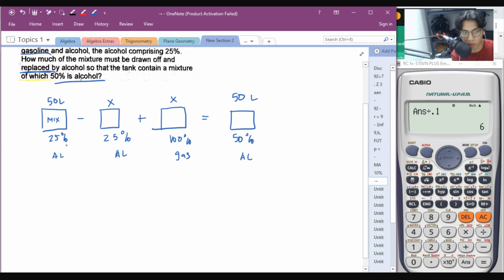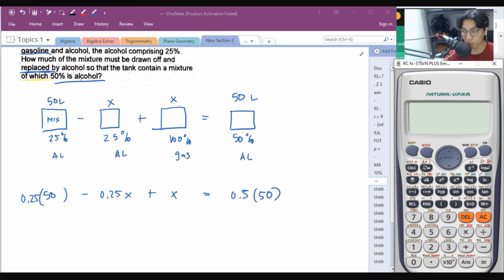So, meron ako ditong 50, multiply ko ng 0.25, tapos minus 0.25x, tapos dito, i-plus ko na lang nung 100% gasoline, so x na lang yan, and then 0.5 multiplied to 50. Pwede ko na i-simplify, para mahanap ko yung amount that must be drawn off. So, 0.25 times 50, I think that is 12.5.